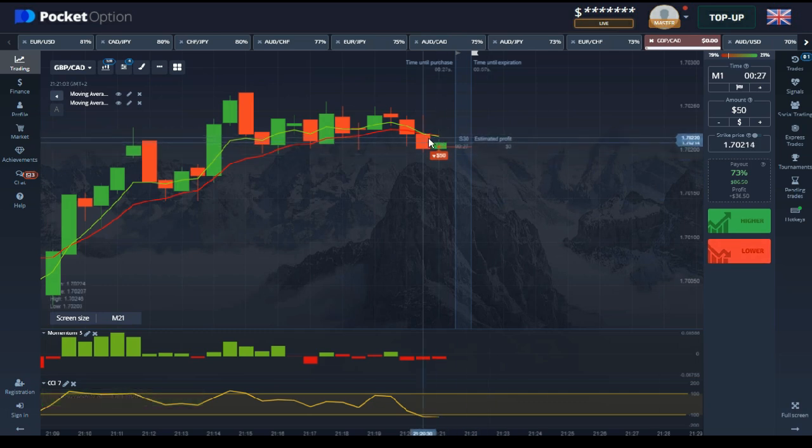Yes, the cross happens, and momentum is showing a red bar below the middle line, and CCI is in an oversold condition, so it may be a reversal from here, but we can watch what happened here.